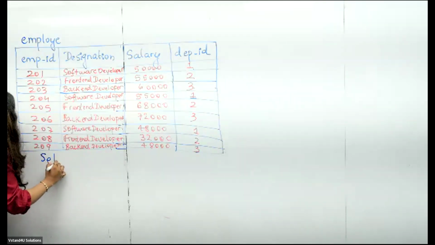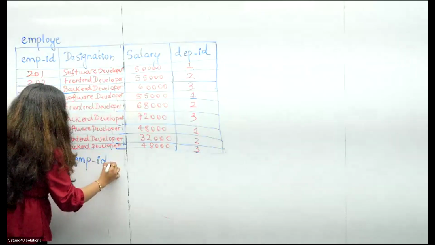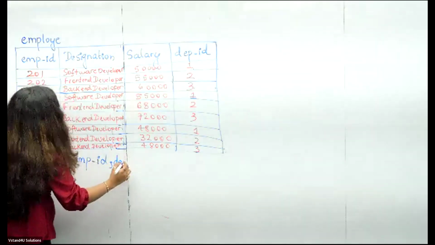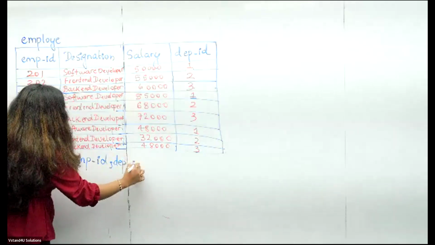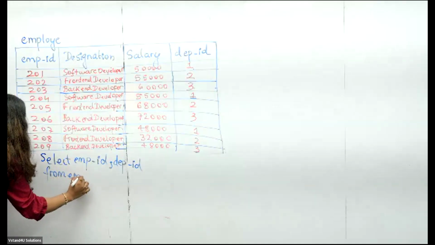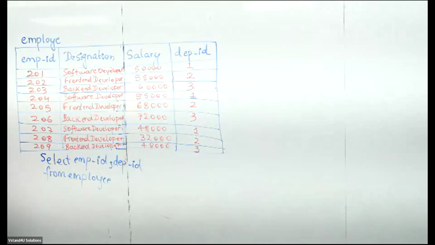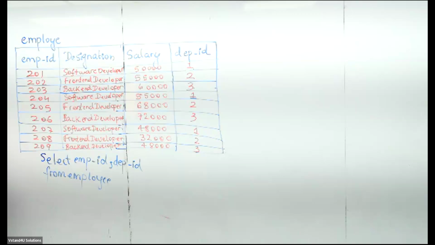You have to select employee ID and department ID from which table? From the table employee. What are they telling now? You have to get the maximum salary of each department.